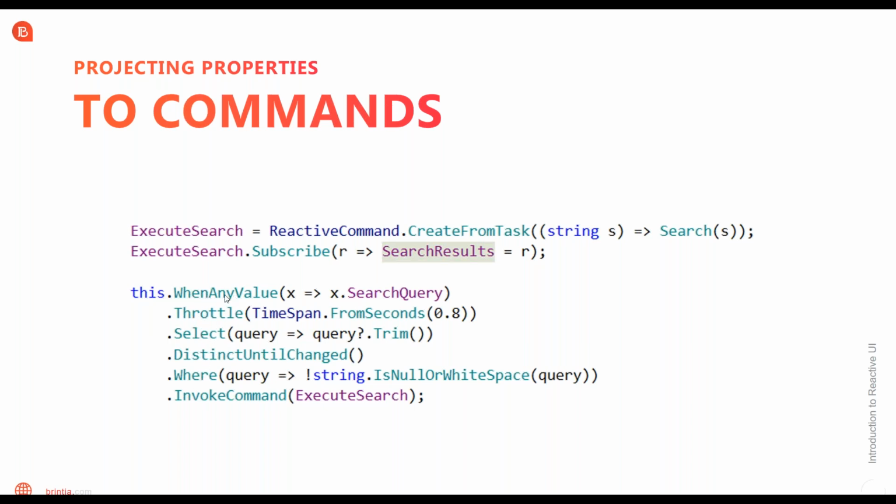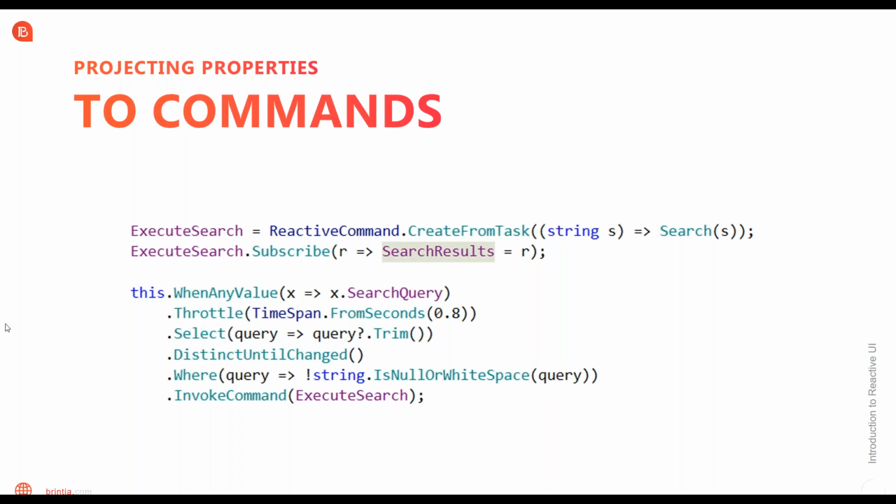This is from Reactive UI, but these are from the Reactive X library. And the invoke command is also from Reactive UI. But this throttle, select, and distinct until change, these are there if you are using Reactive X.